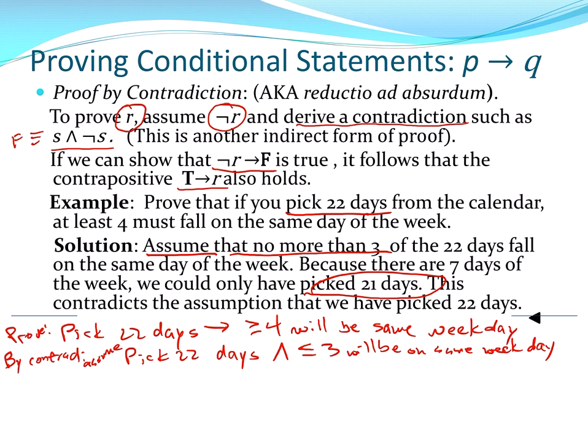So this implies that we pick 22 days and we pick less than or equal to 21 days. And that is a falsehood.